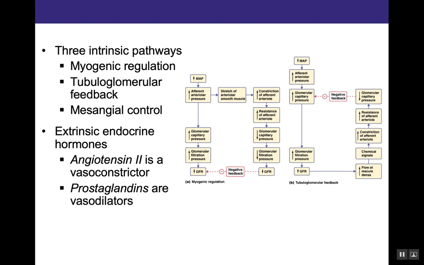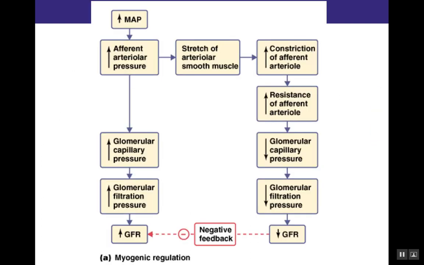The first one, myogenic regulation, is depicted in this left flow diagram, and I'll blow this up so that you can see it a little bit better. Again, we're going to be concentrating on myogenic regulation first. All right, so let's go through this figure.